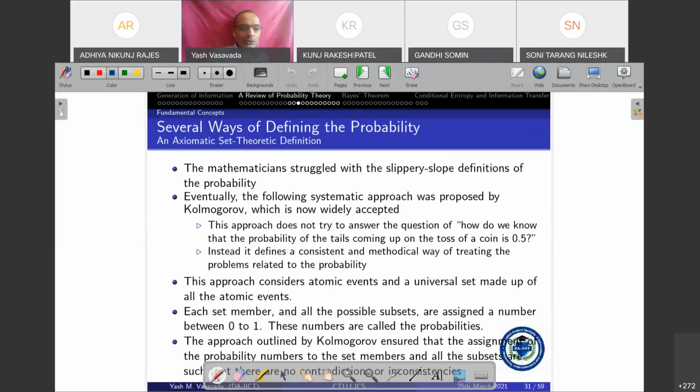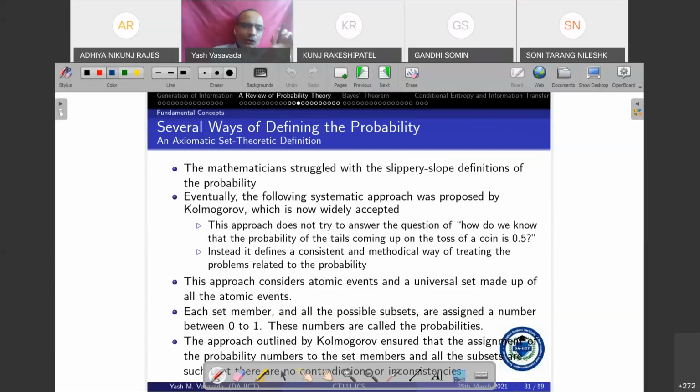So Kolmogorov said that I'm going to use the set theory, which you have studied again in your high school, and I'm going to now start associating probabilities to the sets. Okay, so that was his approach. That is where our next topic of joint probabilities, conditional probabilities will come into play.